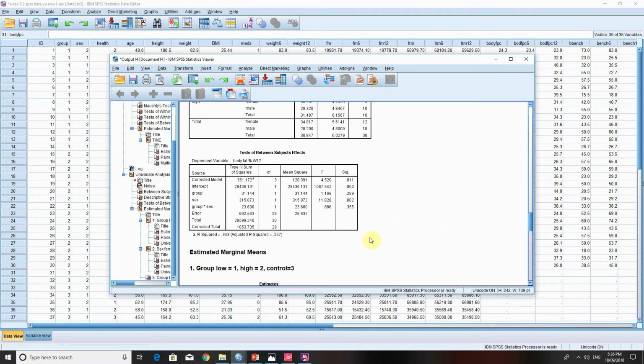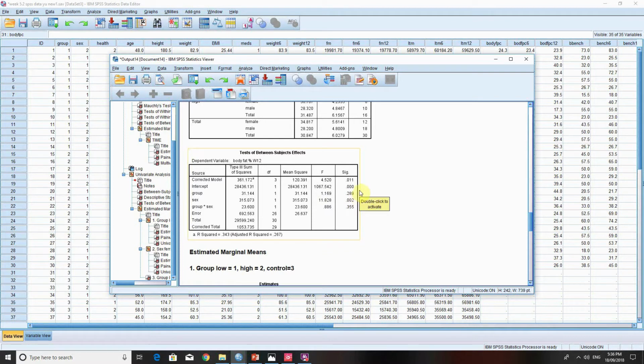So the things that we need to report for a two-way ANOVA are, if the question asks for group, the effective group, we need to report the degrees of freedom for group and the error degrees of freedom with this F statistic and this significance value.